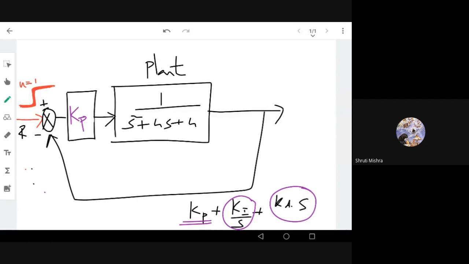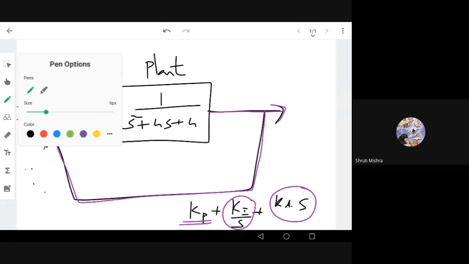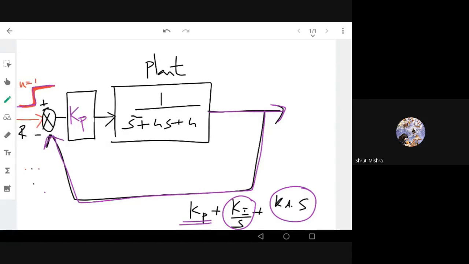Now my output should follow the reference. Reference is this unit step. Now my output of the plant should also be a unit step. If it is not a unit step, the feedback will give the value back to the input, and the error will go to the controller, and the proportional controller should generate an output, that is u.